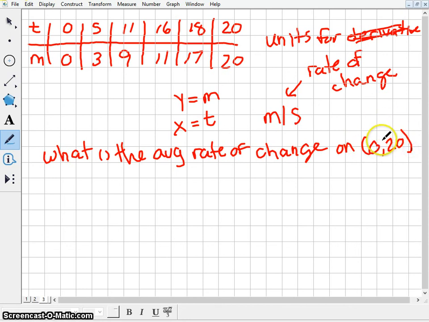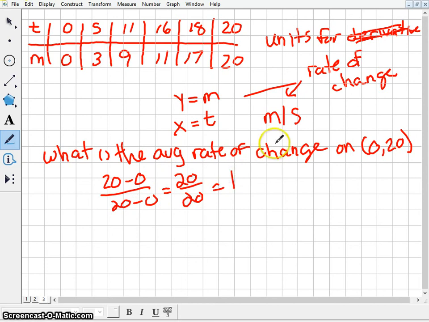So this is interval notation. This is saying the t value of 0 to the t value of 20. So when we see average rate of change, we need to think, okay, that's just the slope we've been doing for a long time. So 20 minus 0 over 20 minus 0 equals 20 over 20, which is 1. And then don't forget your units. Units are very, very important in calculus. So 1 meter per second is the average rate of change.